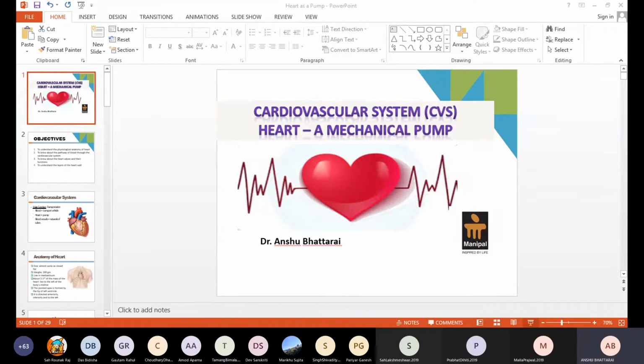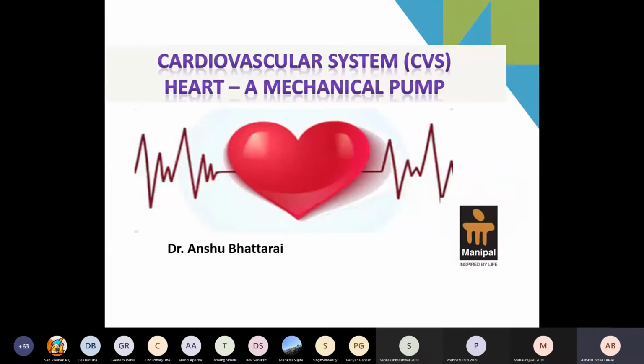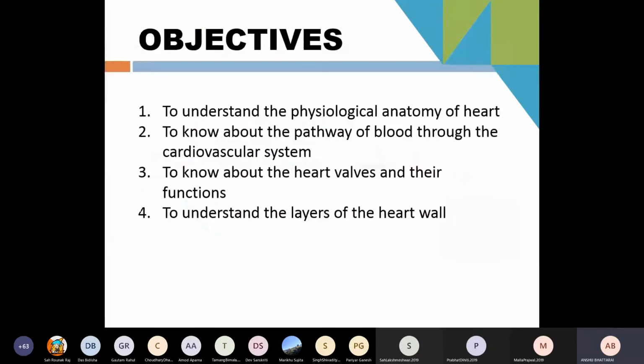So like I said, today's lecture is on the heart as a mechanical pump. What are our objectives for today's lecture? We should understand the physiological anatomy of the heart. Then also know about the pathway of blood through the cardiovascular system.